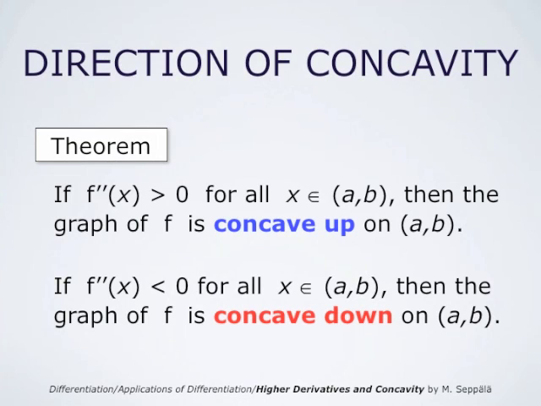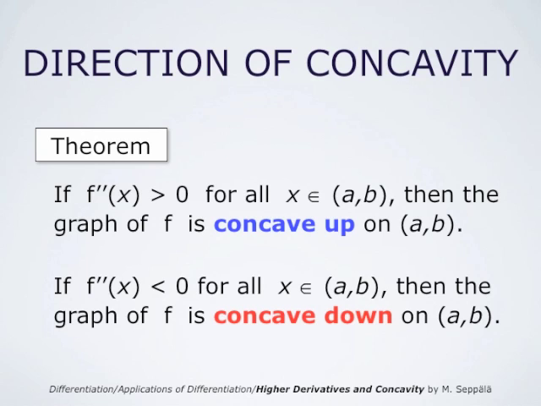From this we get the useful characterization: if the second derivative of a function f is positive for all x in some interval from a to b, then the graph of the function f is concave up, because then the first derivative is increasing. Likewise, if the second derivative is negative, then the graph of the function is concave down.